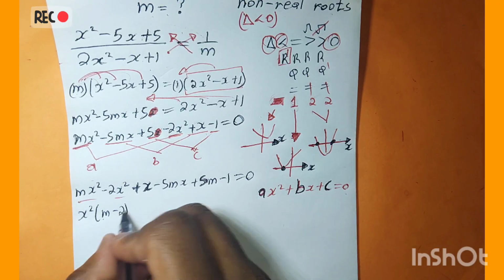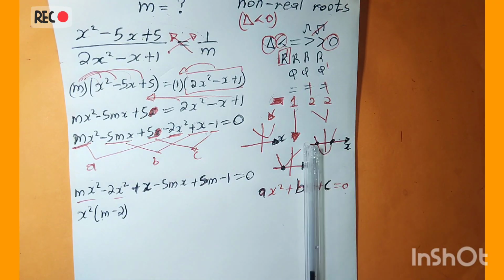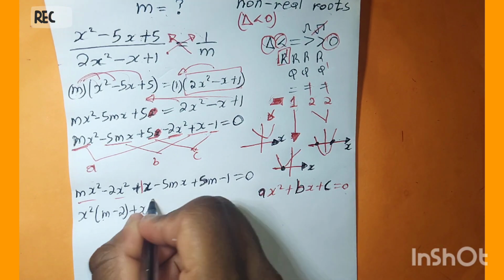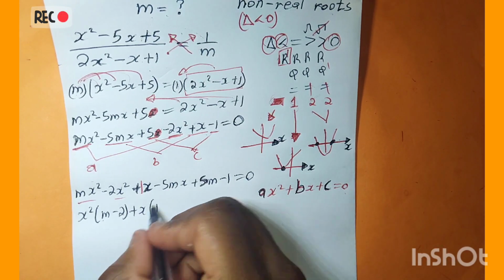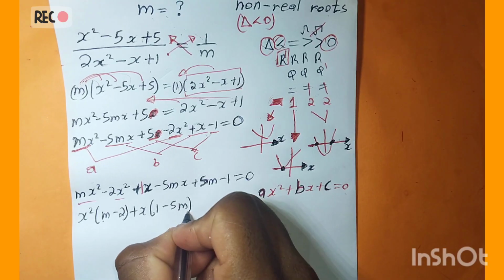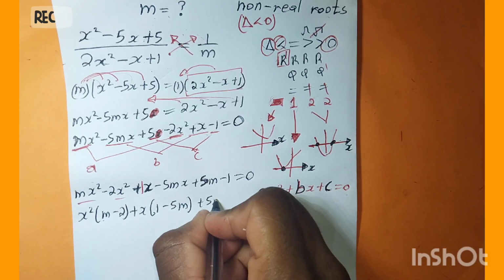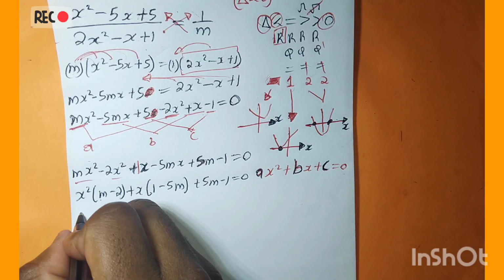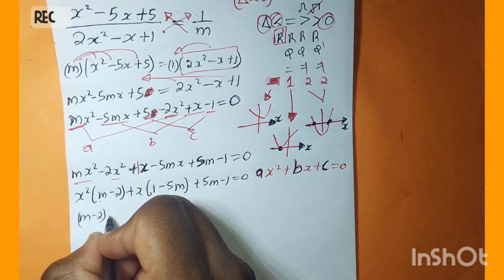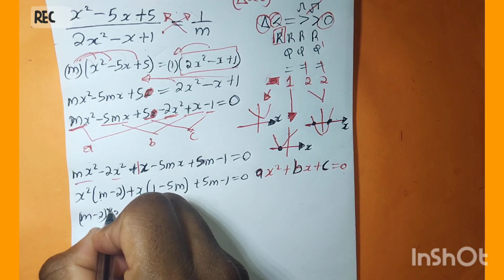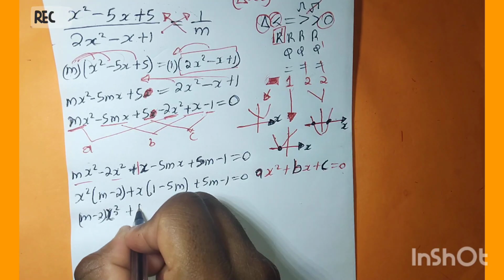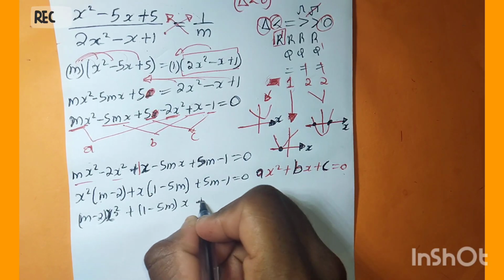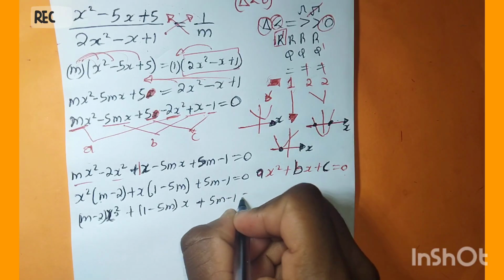Then for this one, remember, here I got an invisible 1. If I take x there, I get 1. Taking x there, I get this thing. But for those ones there is nothing I can take. There is no common factor. I can also rearrange this in an order of x, 2, plus 1, which is x plus 5m minus 1.